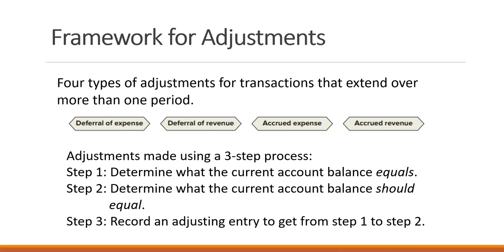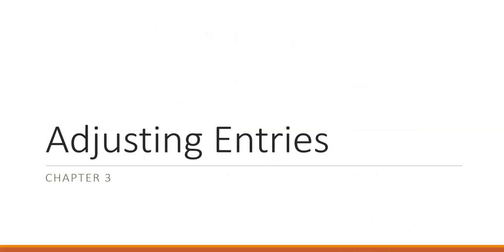When we use the adjusting entry process, we're going to determine what the current account balance equals, what the current account balance should equal, and then we'll record an adjusting entry to get from step 1 to step 2. We're going to look at some examples of adjusting entries.